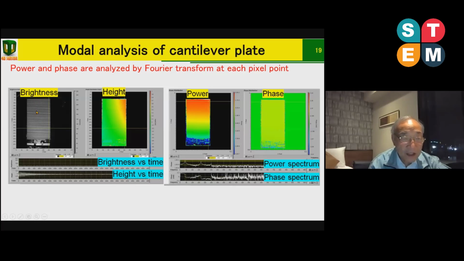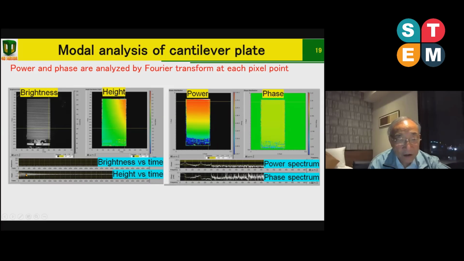So we can see the vibrating fringe pattern, but the analysis gives a height distribution. And this graph shows the brightness distribution at one point, brightness change. And this graph shows the height change at this pixel point.